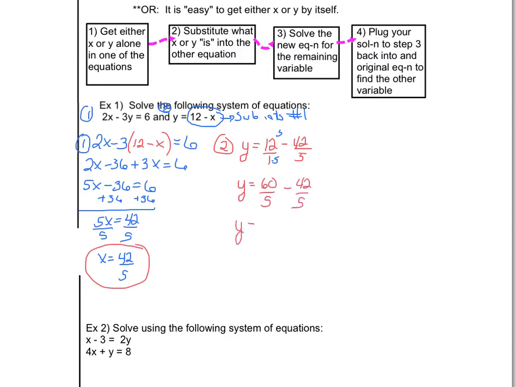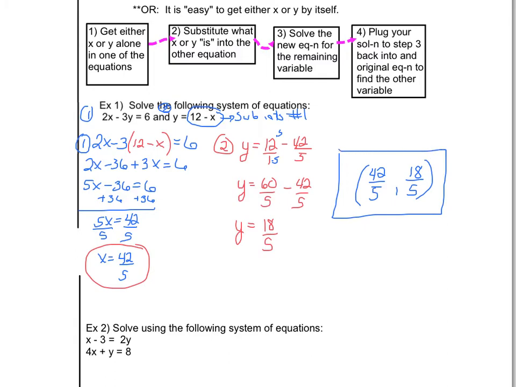So 60 minus 42 gives me 18 fifths. Well, now that I know both x and y, I can go ahead and say that the solution to this system is the point 42 fifths, comma 18 fifths. And so if I were to graph these equations out, that is the point where they would intersect.